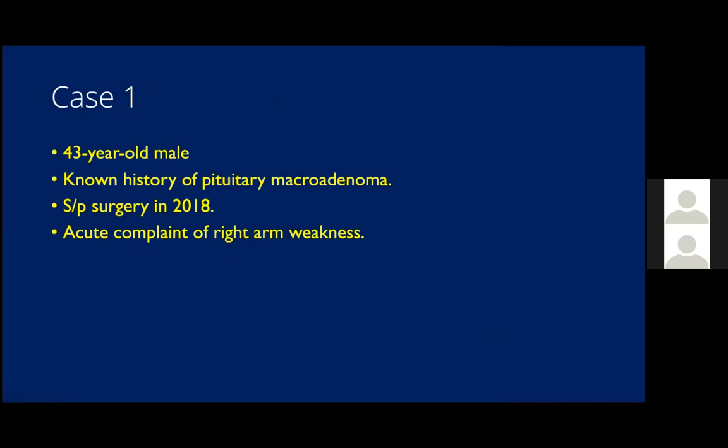So I'll show you a case of a 43-year-old male with a known history of pituitary microadenoma, who had surgery in 2018 and presented with acute right arm weakness. This is MR imaging from December 2021 that showed this periventricular lesion on the FLAIR coronal image.